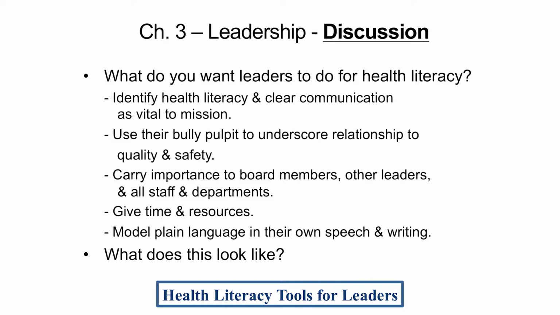To carry the message, not just throughout the organization horizontally, but up, to tell the board, this is important. We want this to be a standing issue, a standing item. We want other leaders who are heads of entities or vice presidents or in charge of different parts of the organization's efforts to look at health literacy as fundamental and part of that work. Allocate time and resources.